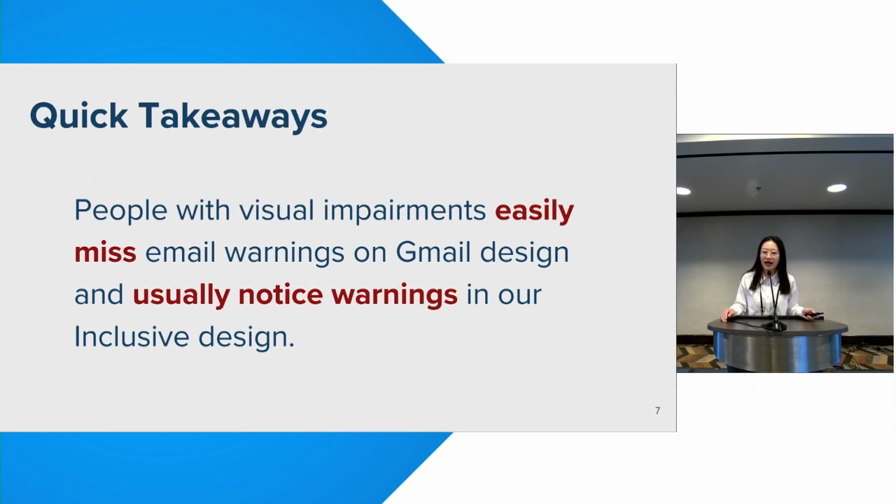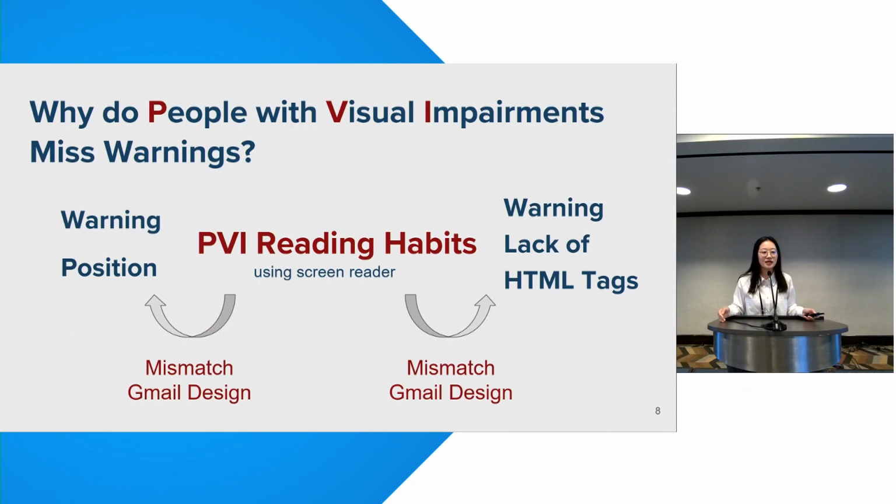So to quickly highlight our main takeaways, the work shows people with severe impairments easily miss email warnings on Gmail design and usually notice the warnings in our inclusive design. Diving into specifics, individuals with visual impairments often overlook warnings in Gmail design. This occurs due to two reasons.